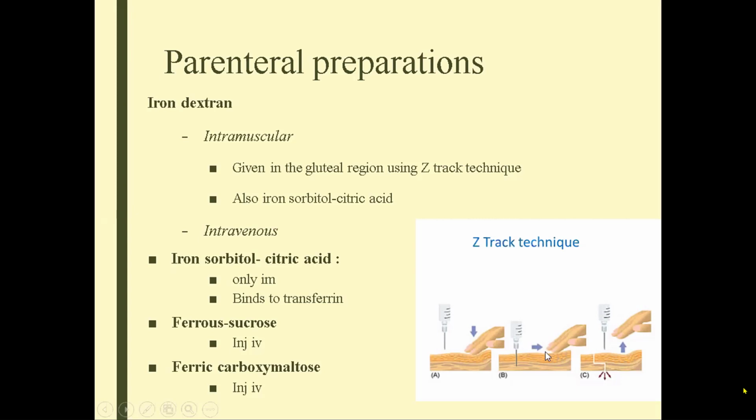Then you inject the drug, and when you release, you can see the drug is inserted in a Z track. When you pull and inject perpendicularly, the drug finds a track which is in a Z shape. That's why it is called the Z track technique, right?